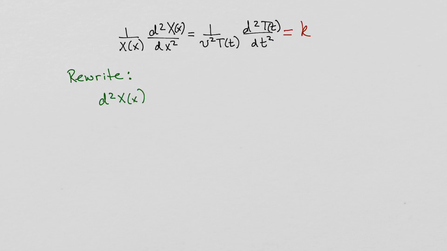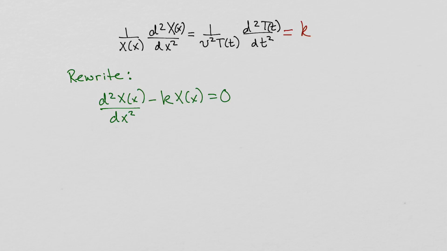All right, so we have d squared X of x over dx squared minus k X of x equals 0. Okay, so again, pause the video, go through, do that rearrangement on your own so you can see where that came from. But all we're doing is just taking this left-hand side, our x's, and setting everything equal to 0, so getting that k on the other side.